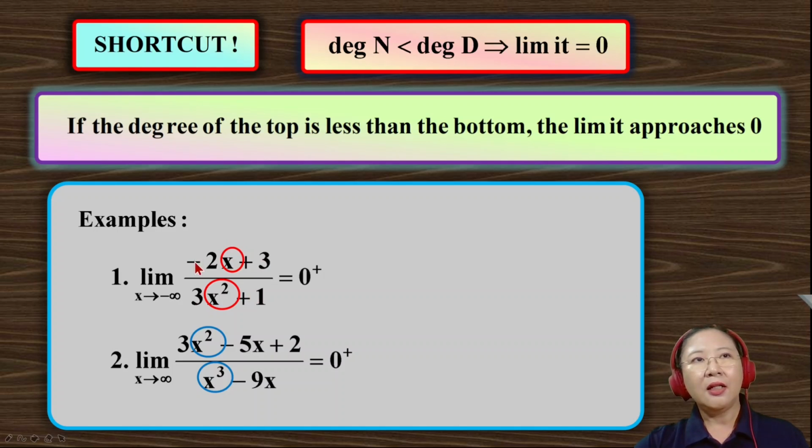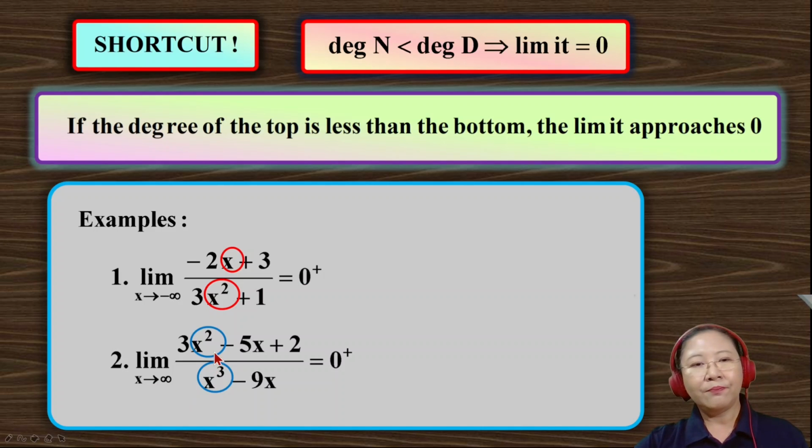Okay, and negative infinity times a negative number, you will also get a positive value on top. So the answers that you are going to get will forever be positive values. So this value, 0 plus, means the value will come to 0 from the top side. Okay, so the arrow is from the top.